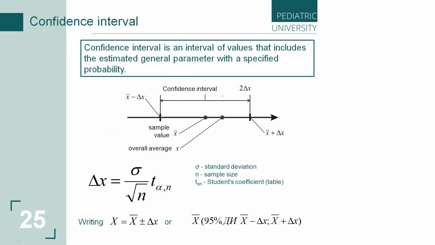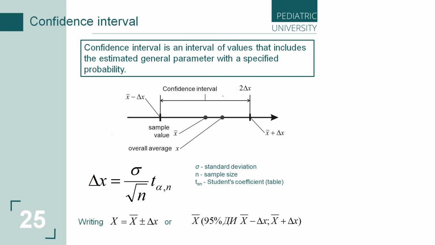So, the next important concept is the confidence interval. Really important concept. The confidence interval is an interval of values that includes the estimated general parameter with a specified probability. Let's understand what this means. Let's look at the scheme.